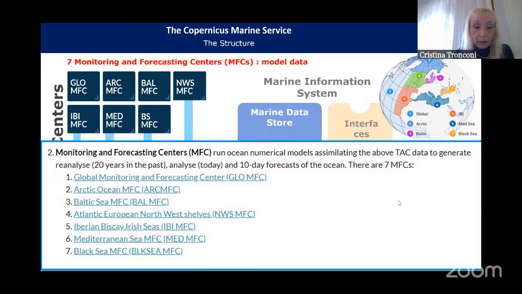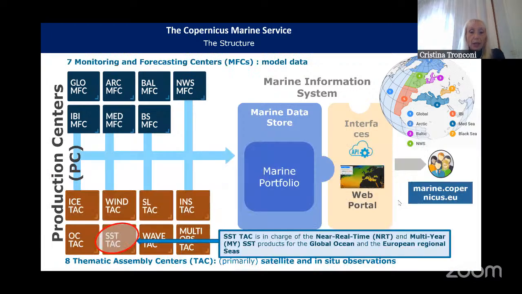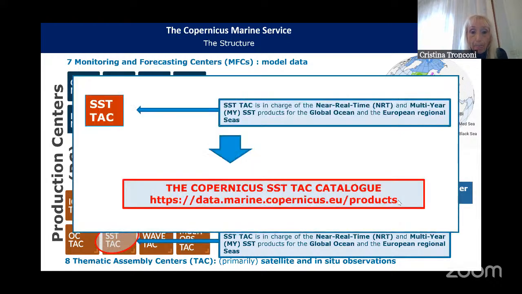You can see them quickly while reading my presentation. So the SST TAC is in charge of the near real-time NRT and multi-year SST products for the global ocean and the European regional seas.